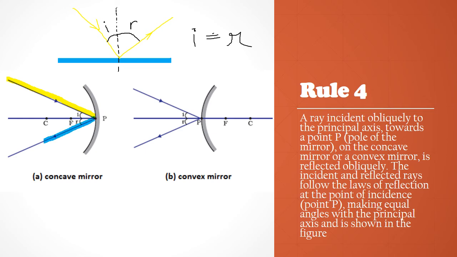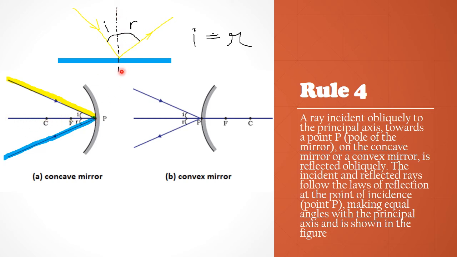Now here, the incident ray and the principal axis. Can you see here? The principal axis acts as a normal for this case. This principal axis, this dotted line, will act as a normal.